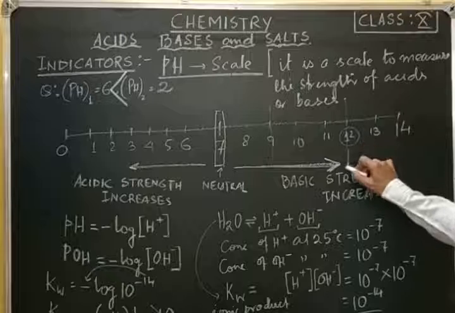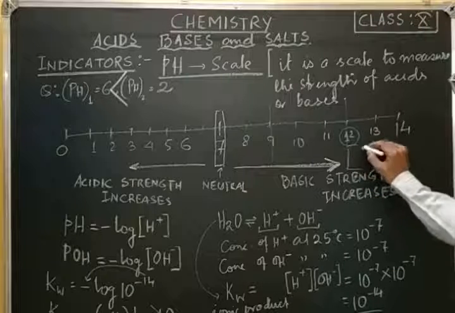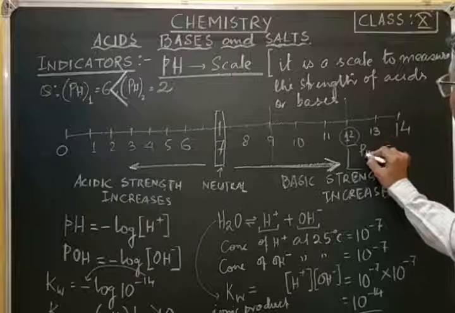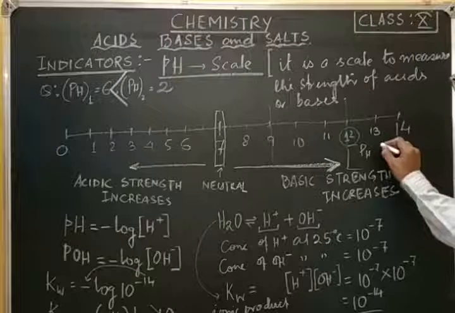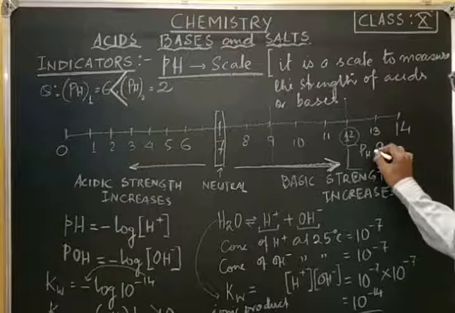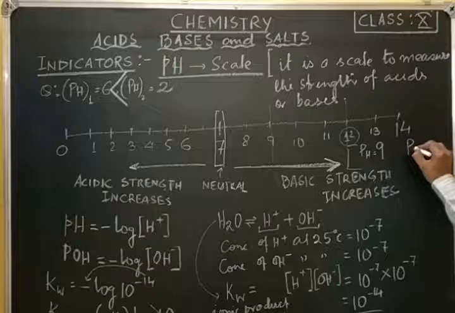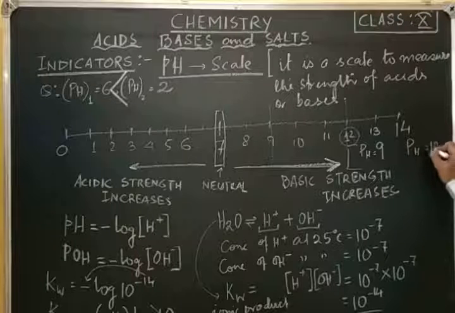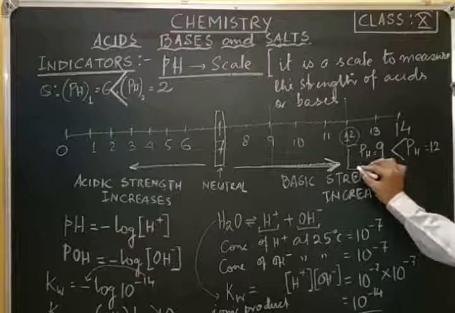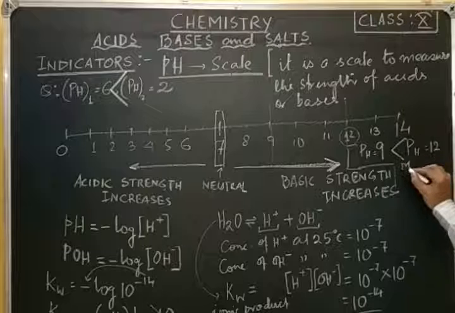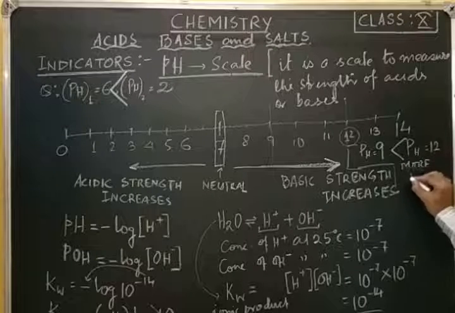Similarly, if the pH value of one substance is 9 and of another is 12, then 12 is more basic.